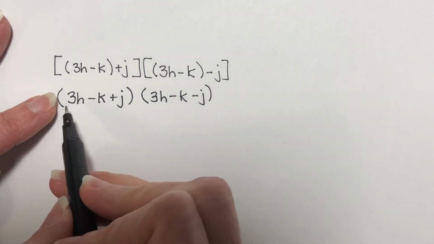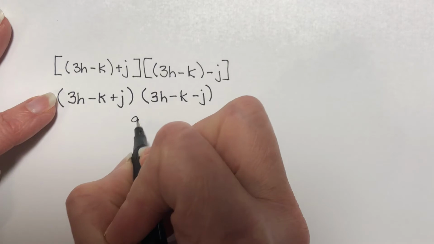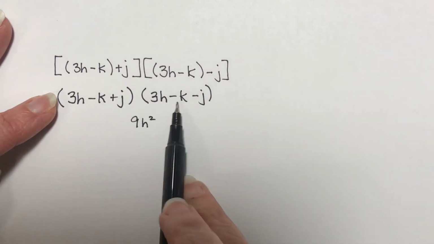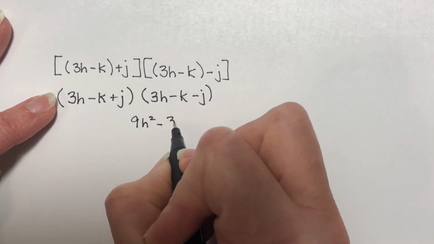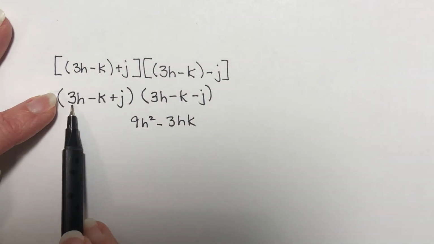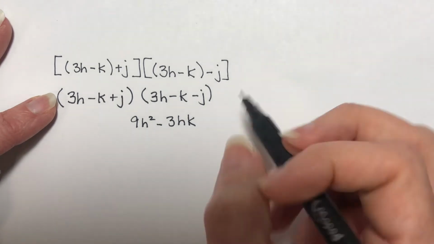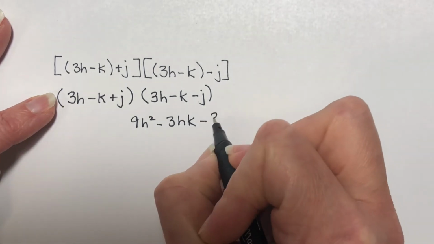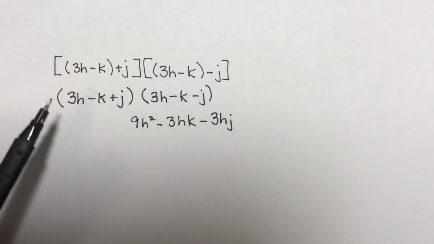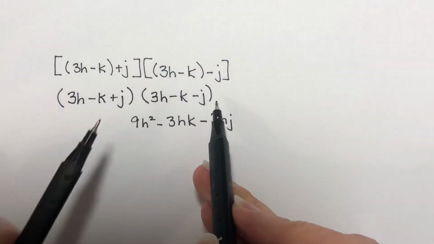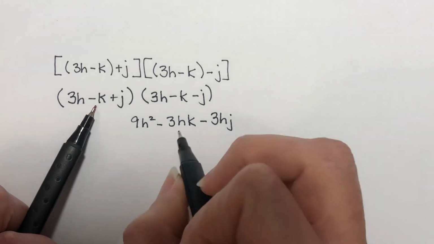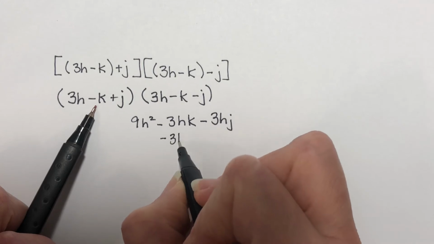I'm going to try to keep my like terms lined up so that they're easy to combine. 3h times 3h will be 9h squared. 3h times a negative k is going to be minus 3hk. And then I have 3h times a negative j, so that's minus 3hj. So I've distributed the 3h through this whole thing. Now I'm going to do the negative k. Negative k times 3h is going to be negative 3hk.